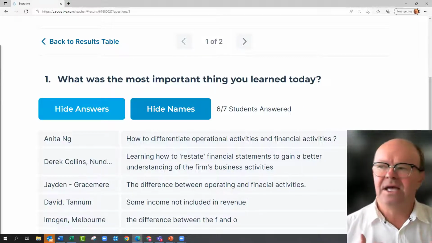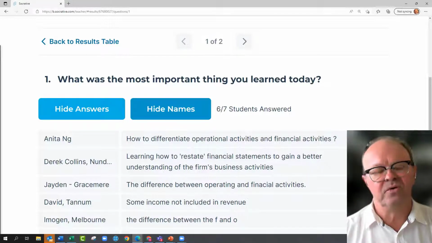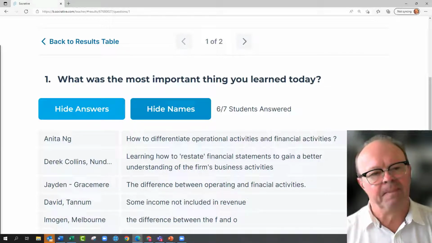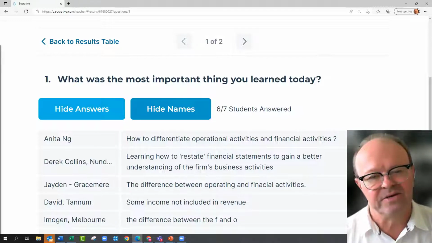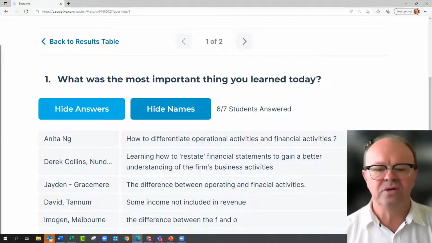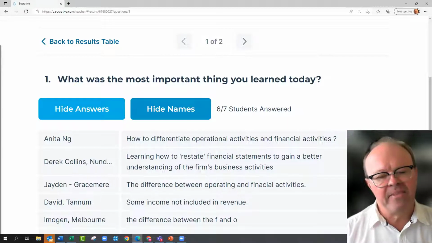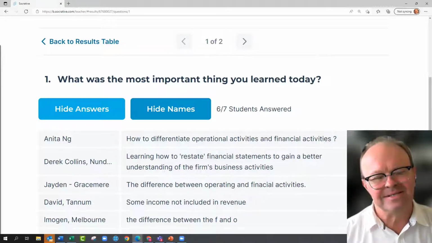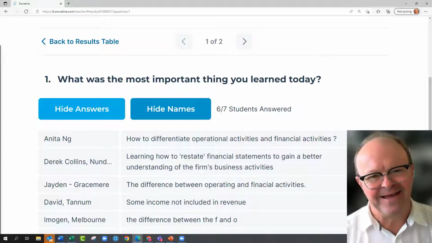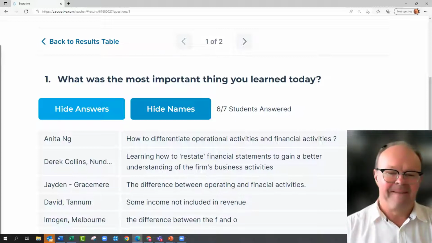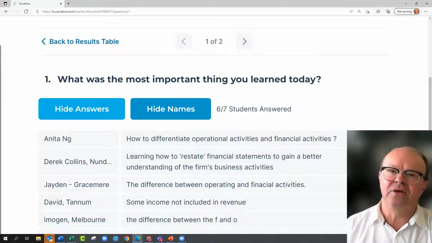Income is the term used in the fundamental accounting equation, if you like, in the business model. We use revenue, which is slightly different to income, and other comprehensive income is the difference. Again, that's a slight simplification, but it's good enough. So some income not included in revenue.